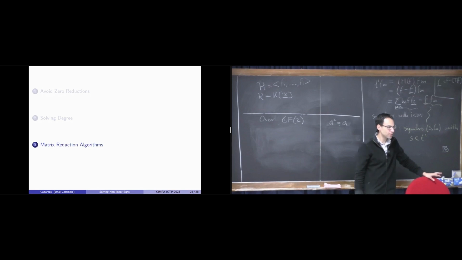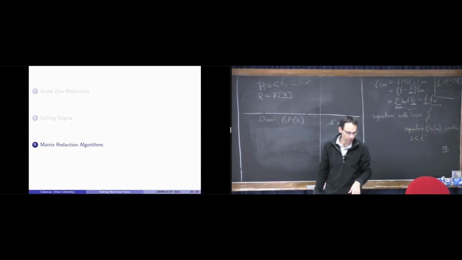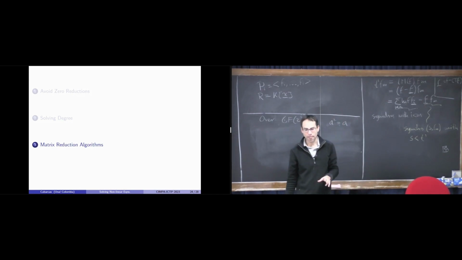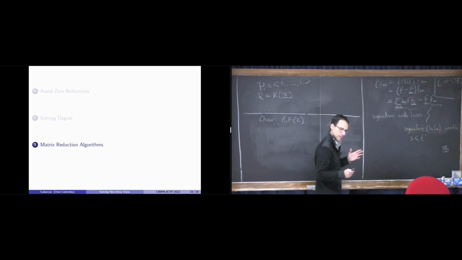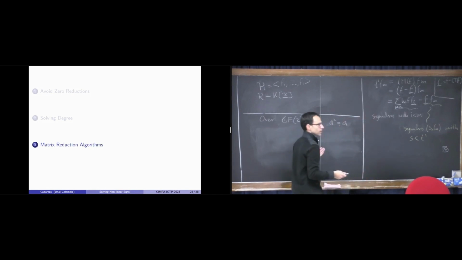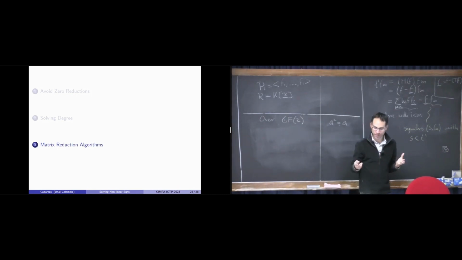If there are no more questions, for the last part, I'm going to talk about matrix reduction algorithms, just at a very general level. Because at the end, you end up with a large matrix anyway, and you have to try to do Gaussian elimination on that matrix, and so that's also an important issue on this topic, how to do these matrix reductions.